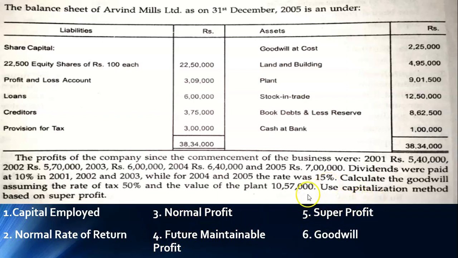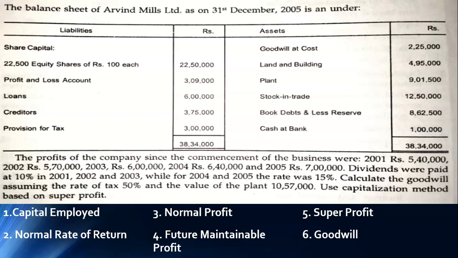Thereafter, super profit, how much this company is earning above this normal profit, and last one is goodwill, right? All these things we have calculated in the super profit method of goodwill. But here you can see one difference. It is only capital employed, not average capital employed. So the total capital employed you will calculate and thereafter further you will calculate goodwill.